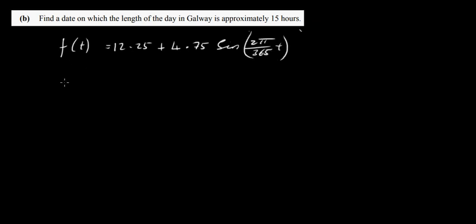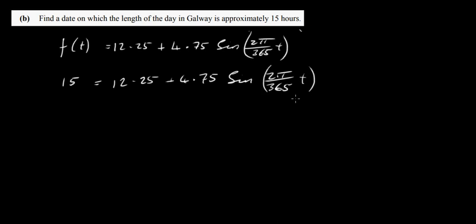So this time we know f of t, so we're working backwards here. So we've got 15 here, we've got 12.25 here, we've got 4.75 times the sine of 2 pi over 365 times t. So you've got to work backwards to work out what t is here. First thing I'm going to do, subtract this from both sides.